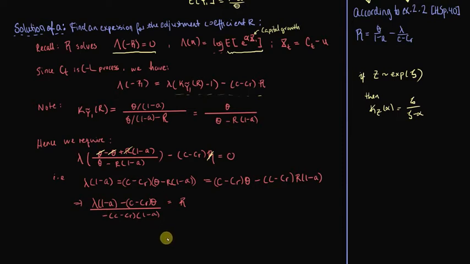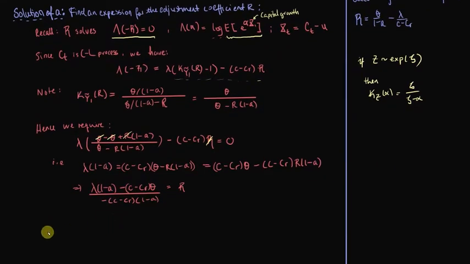And now we have an expression for r. But it's not a nice expression, so let us rewrite things so that we can clean up a little bit. Cleaning up, we see that r should be equal to, well, let's just take the minus up here and flip these two terms. So the c minus cr comes first. And let's also divide by c minus cr in all the terms.